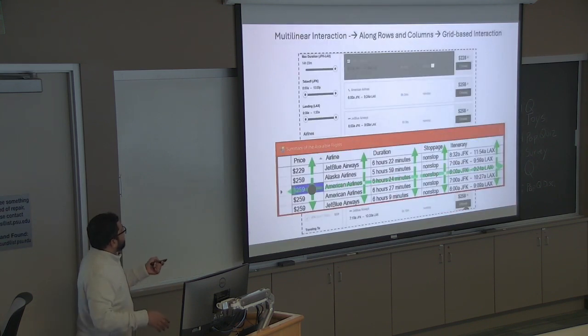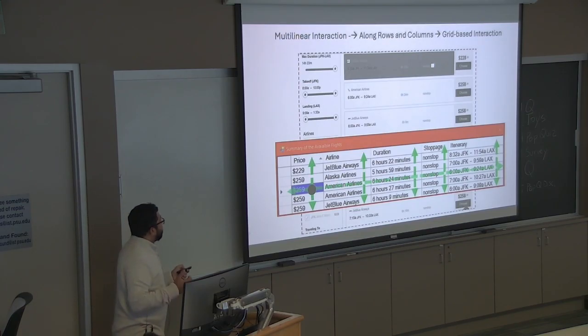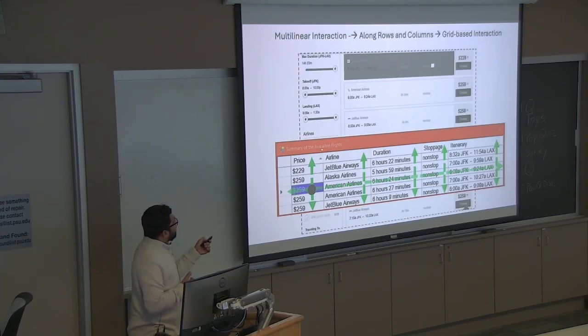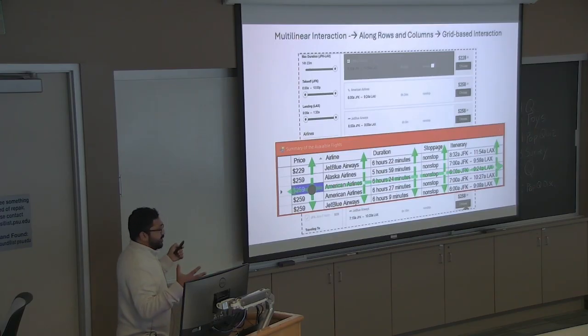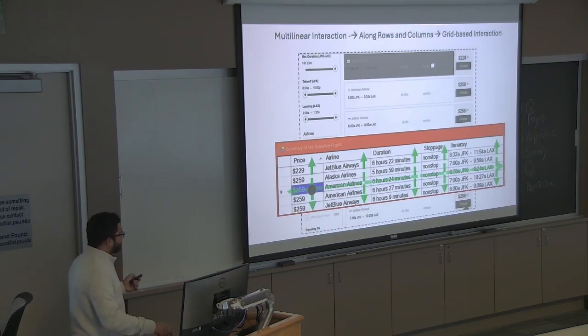We can extend this concept into more complex UI, like the result window of Priceline. Here we are using multiple rows and columns. All of them are linear, so the user can go along a row or along a column, and we are saying this is a grid structure or multilinear structure.